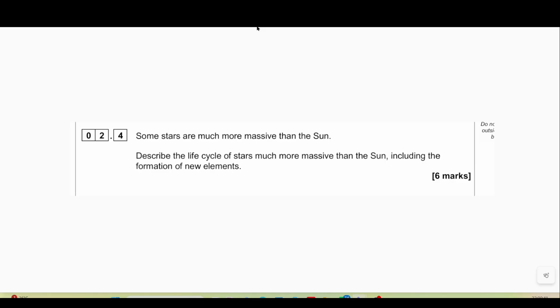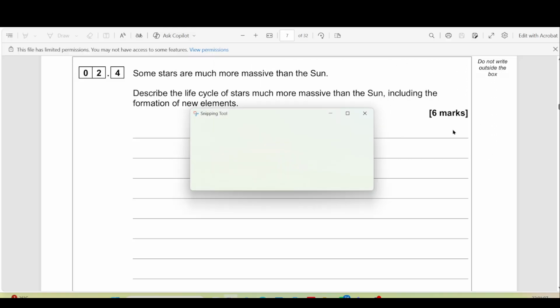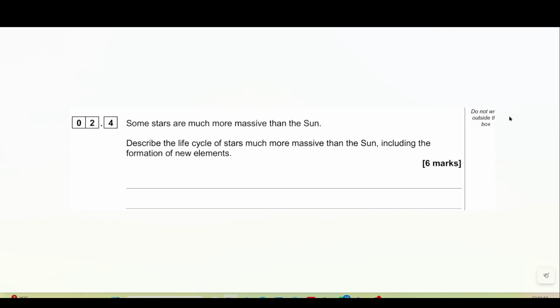Supernova: when fusion can no longer provide enough energy to counteract gravity, the star collapses suddenly and explodes in a supernova.